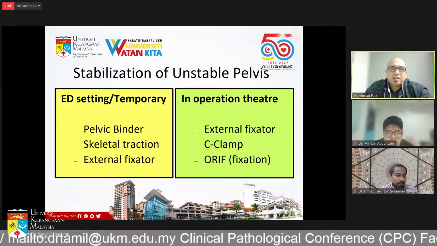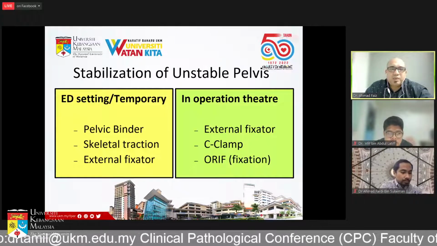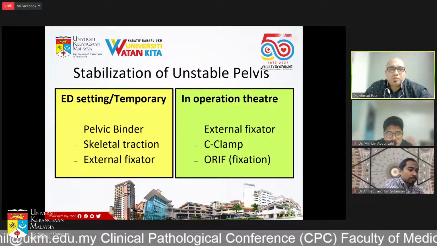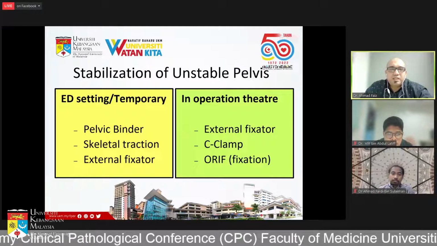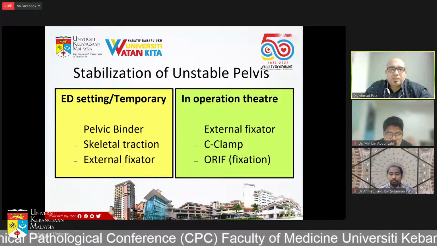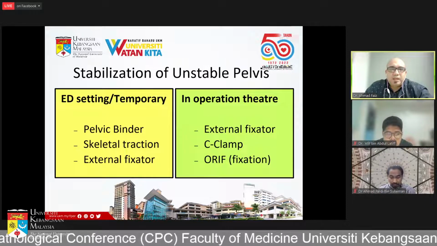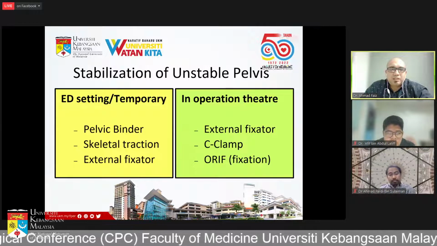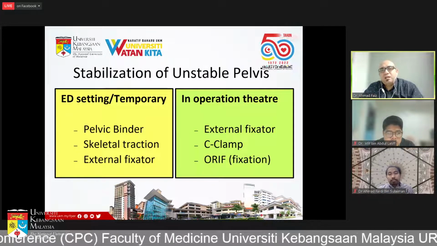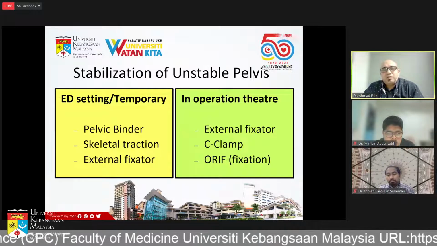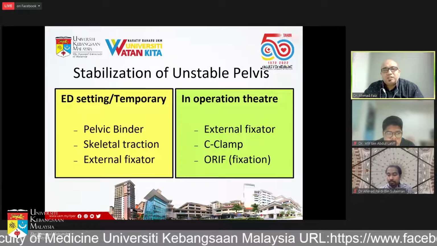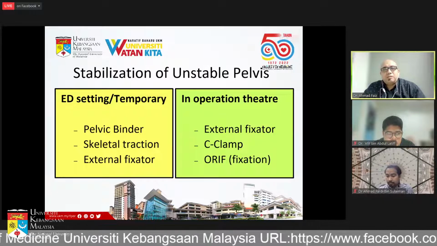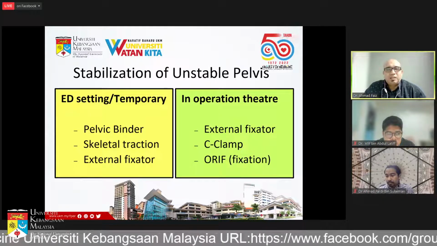Things that can be done in the ED setting include a pelvic binder, which helps to give a tamponade effect if there is any bleeding inside the intra-pelvis. There can also be skeletal traction in a situation of a vertical shear, and an external fixator can, in certain circumstances, even be done in the ED setting.